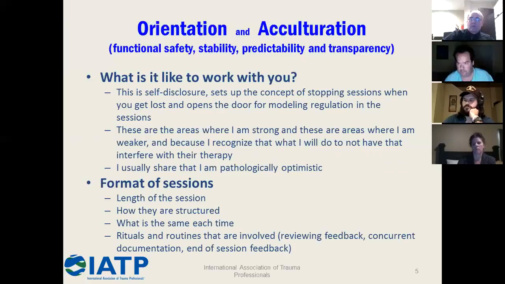Human beings form relationships through acts of reciprocity, and one of the primary ones is self-disclosure. So you cannot expect the client to disclose at a level, particularly early on in the therapeutic relationship, more than you disclose.